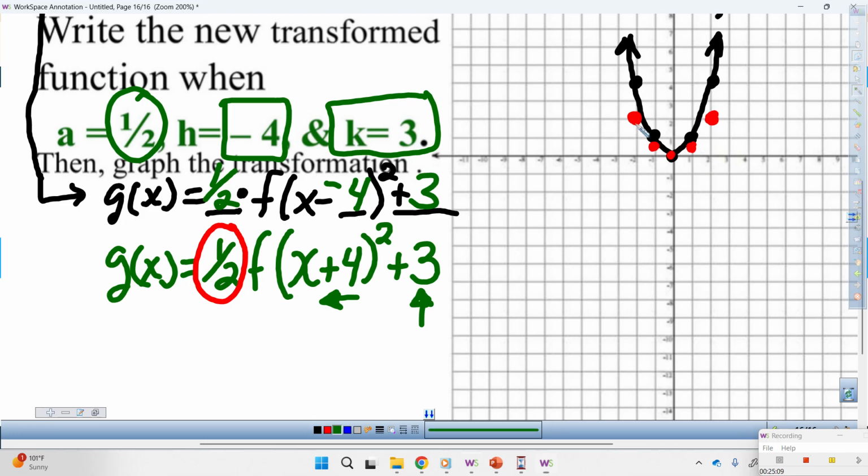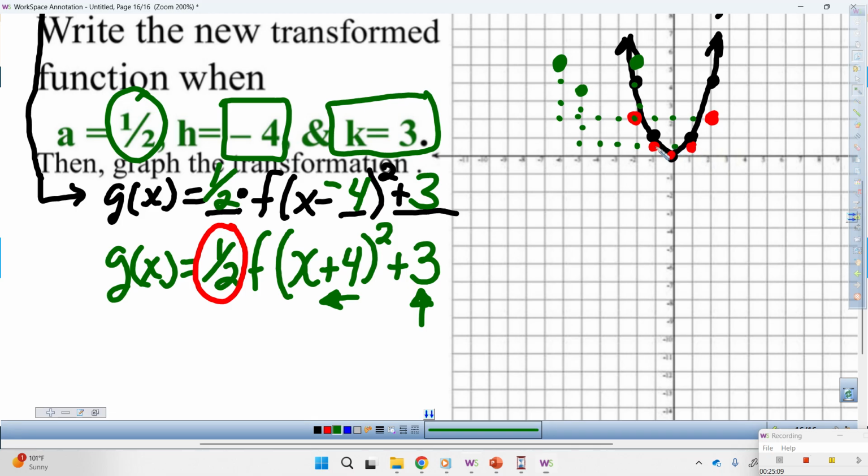So let's do that. This one, 4 to the left. 1, 2, 3, 4. 1, 2, 3. This one, 1, 2, 3, 4. 1, 2, 3. This one, I'm going by halves. 1, 2, 3, 4. 1, 2, 3.